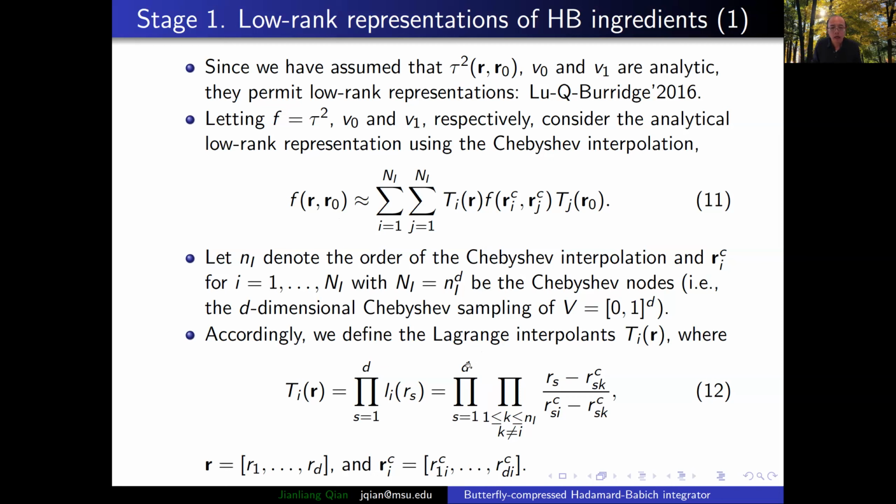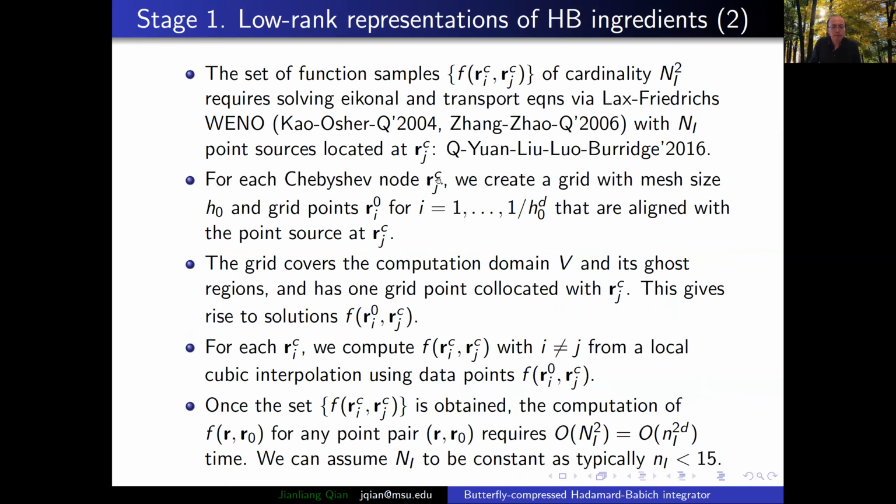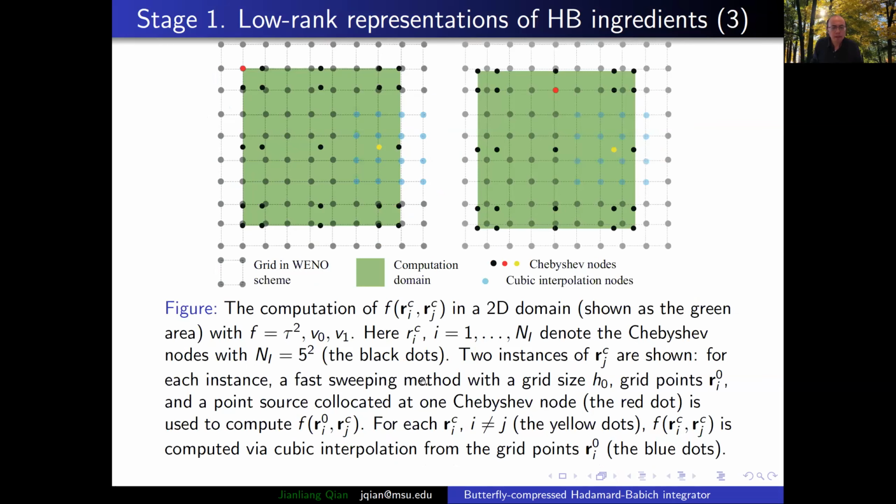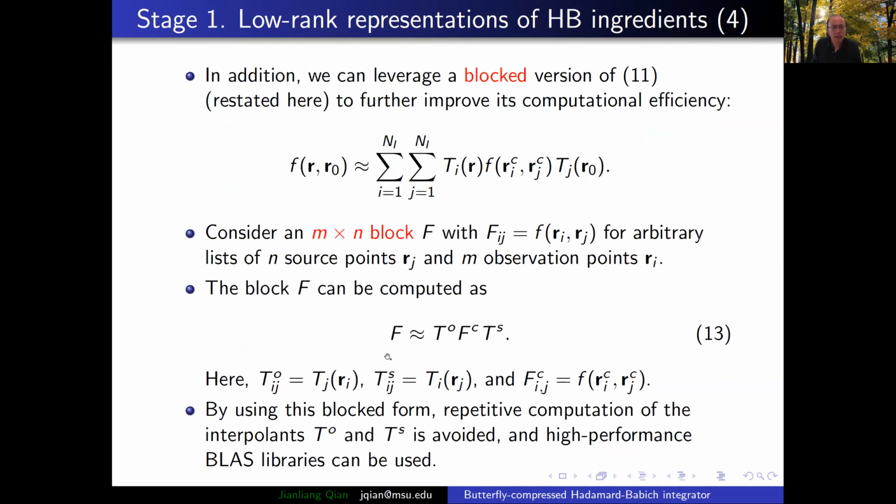Because the cardinality of these bridge matrices is very small, we can use them easily. And because Chebyshev interpolation has spectral accuracy, we just need to use not too many points. Those are some specific details.